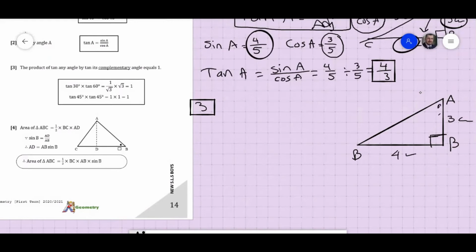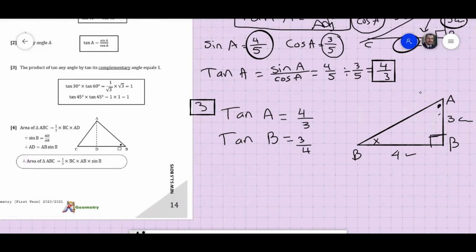And angle A and angle C are complementary angles, right? So if I ask you to get tan A, you can tell me tan A, opposite over adjacent, 4 over 3. And who can tell me tan C equals 3 over 4, opposite over adjacent.